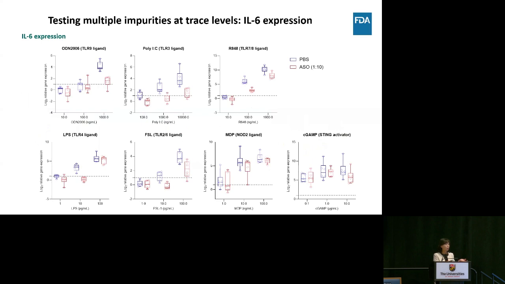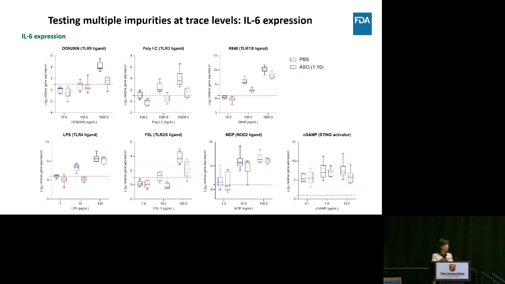Also considering the process-related impurities, we included the ligands for TLR4 and TLR2/6, LPS and FSL-1, in this assay to see whether we can capture those responses in the presence of ASO. And you can see here, again with the highest concentration of ASO, there is some decrease of assay sensitivity, but we could detect those impurities.